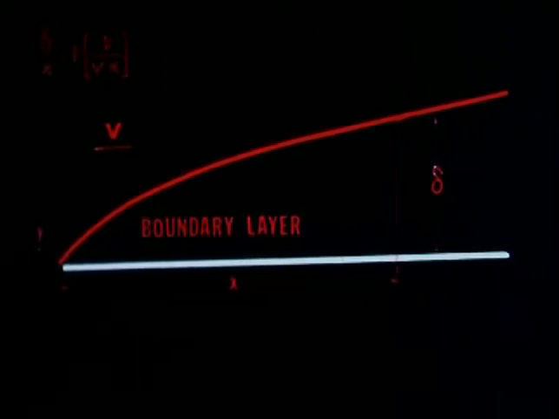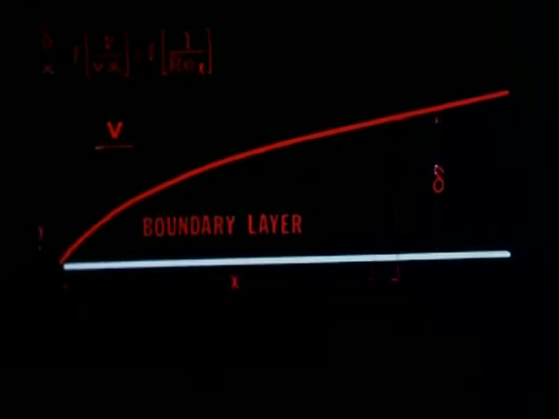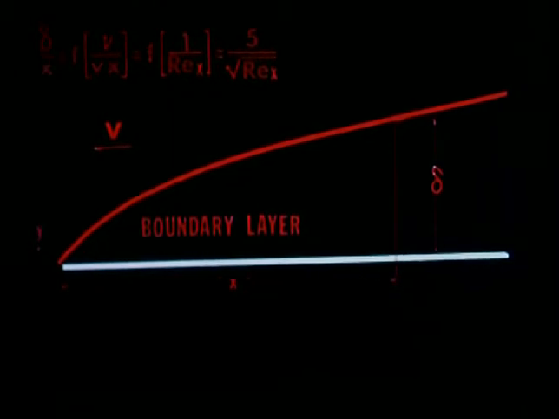By theoretical calculation, delta over x is approximately equal to 5 over the square root of Reynolds number. In air, boundary layer development is the same as in liquid at the same Reynolds number. Identical laws hold for all fluids, whether liquid or gas, at least as long as the fluids are incompressible.